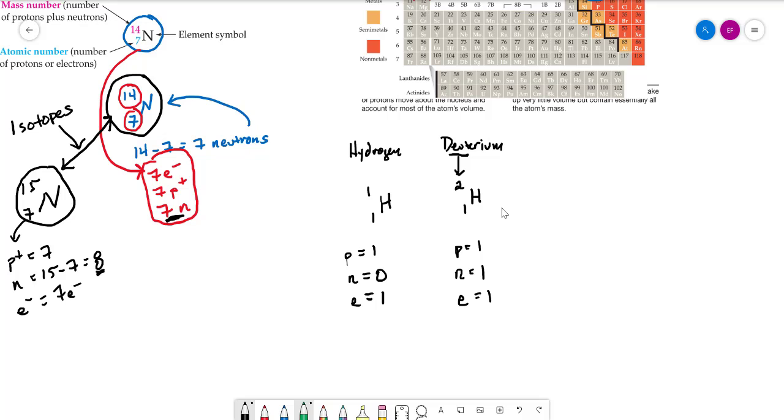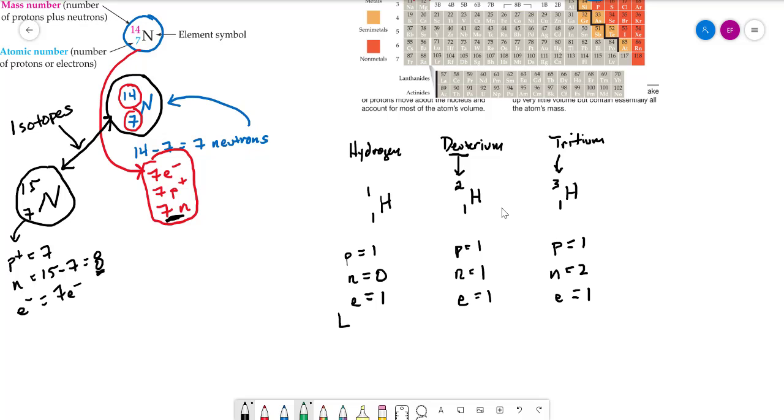We can also have a third version of hydrogen, which again has 1 proton, in this case with a mass number of 3. So proton 1, neutrons are going to be 3 minus 1, which gives us 2, and the electrons are going to be the same number as protons, 1. We call this tritium, coming from the 3 of the mass number there.